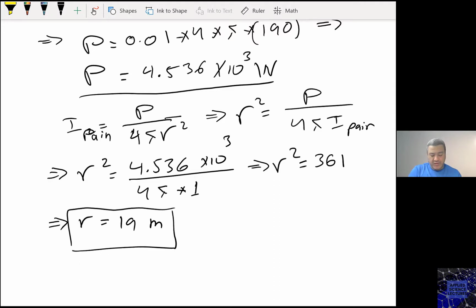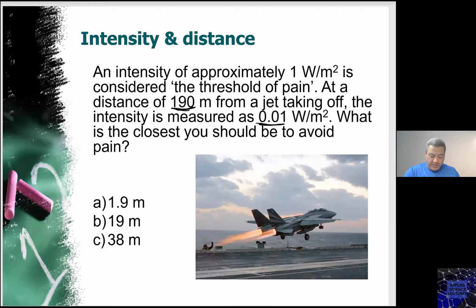So now this is my new R, 19 meters. So the answer to this question is B.